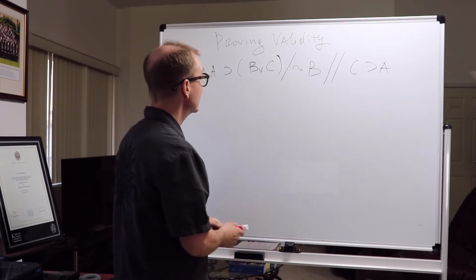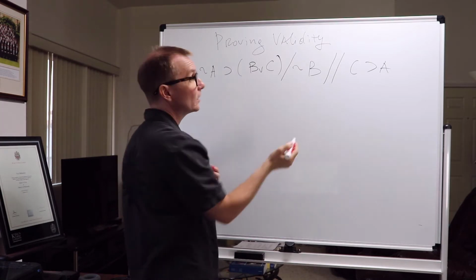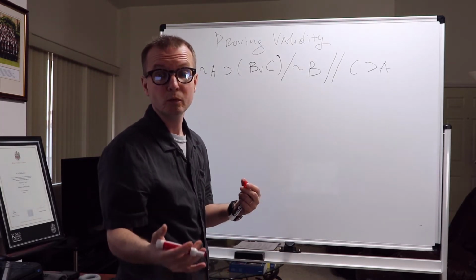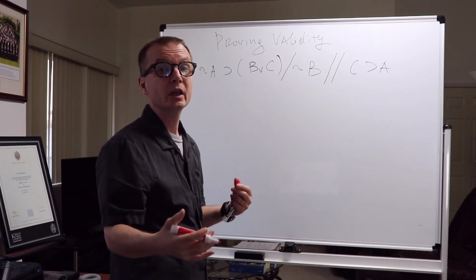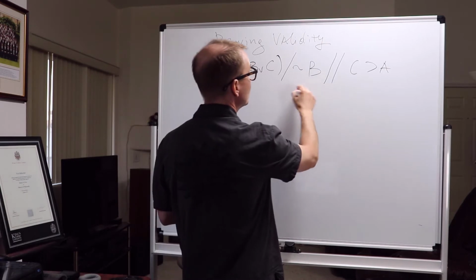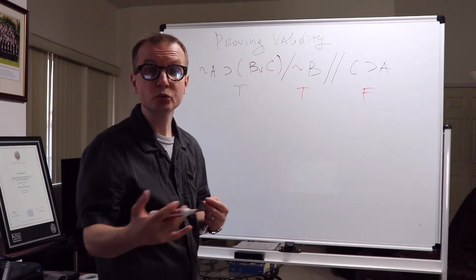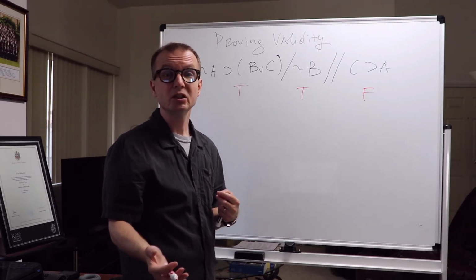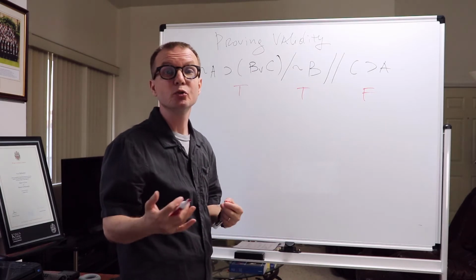So let's just write it down. This is what we should get as a result if we go through the step-by-step process and discover that it is invalid. We should get true here, and false here. Okay, let's use the rules we know and see what this forces our values to be.